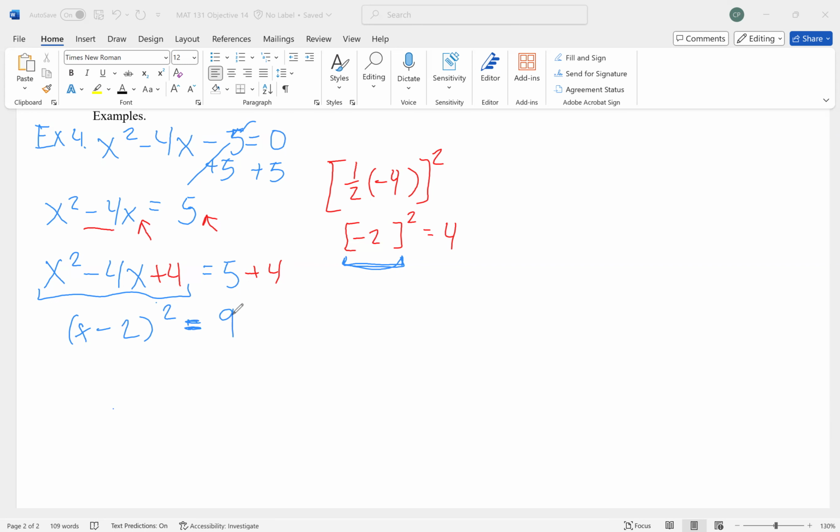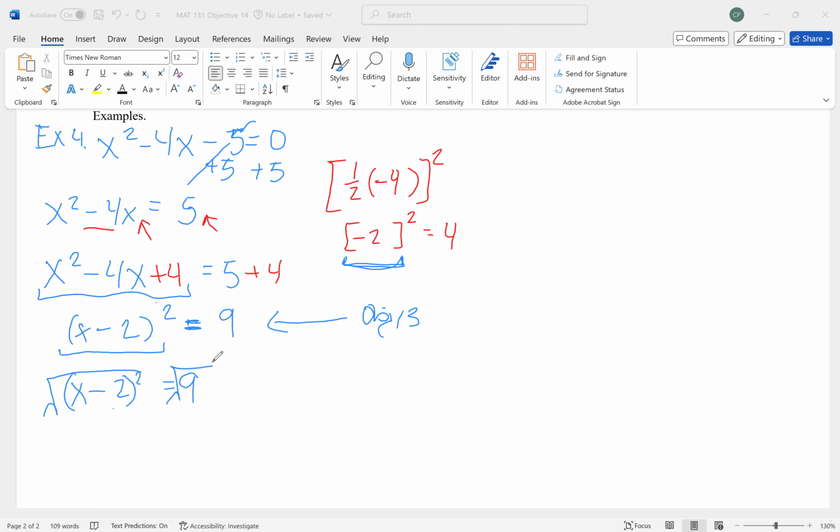Okay? Now that we are at this point, we're going to do objective 13. So now that we have something squared equals a perfect square, I can take the square root of both sides.